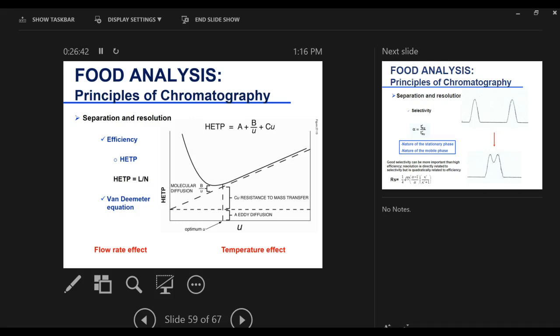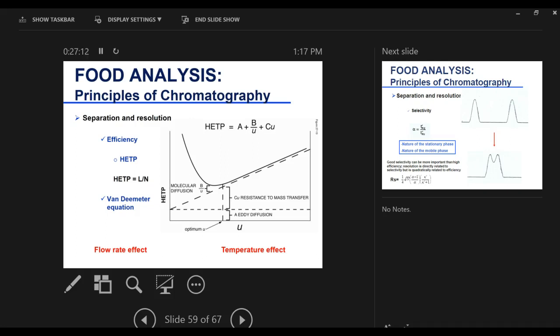Whereas when you have small particles packed really well with very minimal space between them, you don't have as much change in direction. You stay mostly as a thin, non-diffused band, with low diffusion.